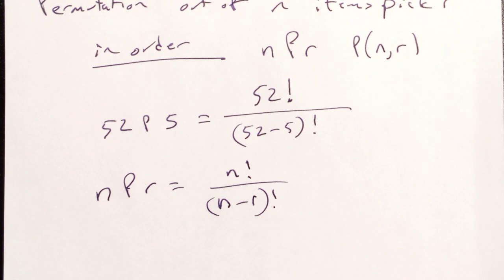But there's one twist. If I'm playing cards, do I care what order you gave the cards to me? If I'm playing bridge, I get 13 cards. What can I do with them in my hand? I can rearrange them however I want, right? So all of those arrangements are equivalent.